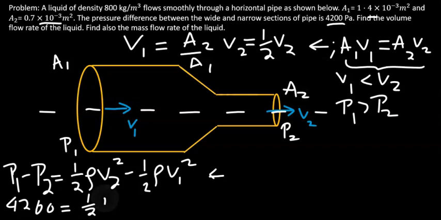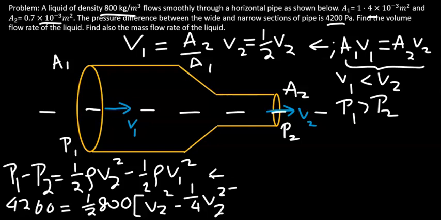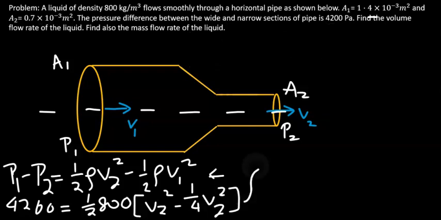The density of the liquid is 800. It's given right there. Now V2 squared, we don't know what V2 is, but that's alright. V1 is half V2, so V1 squared is 1/4 V2 squared. And this equation enables us to solve for V2. And if you solve for V2, you will get 3.74 meter per second.